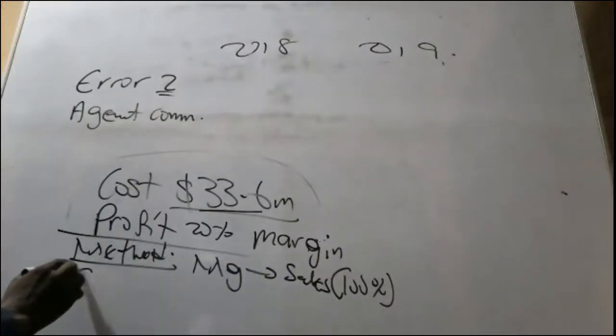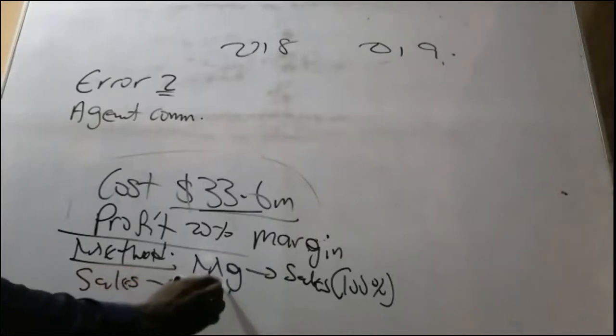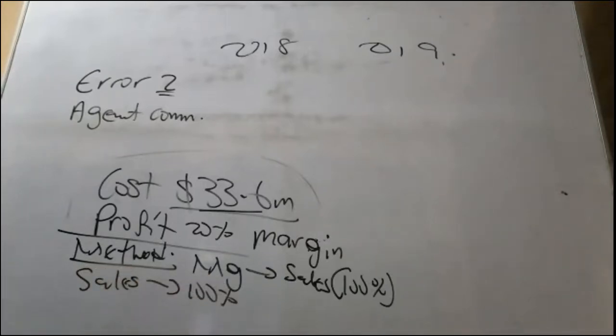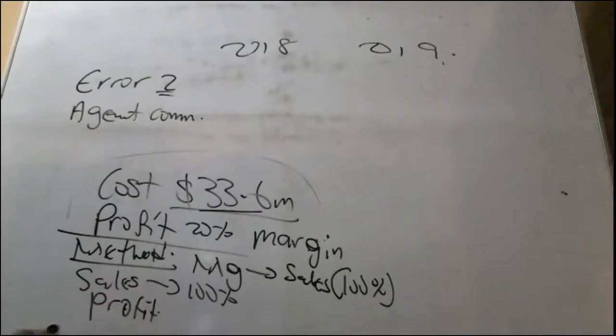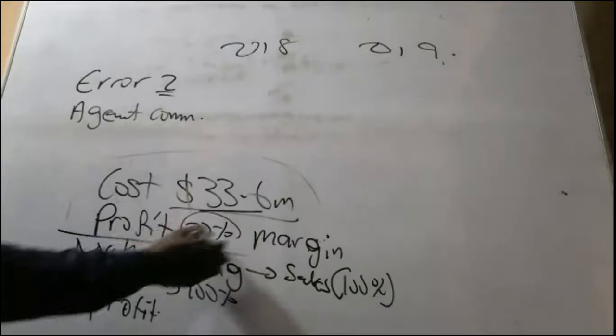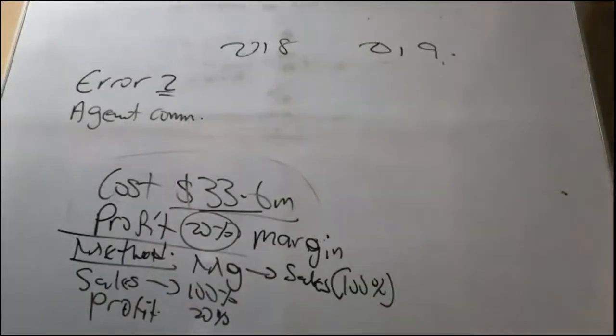So under margin, sales represent what? 100%. Yeah. Profit is always X%. So the profit is what? X%. And then here is 20. That's the profit. So bring the profit here.